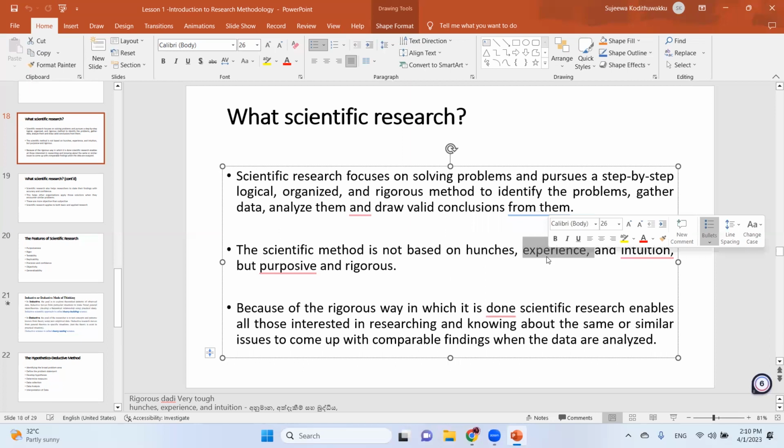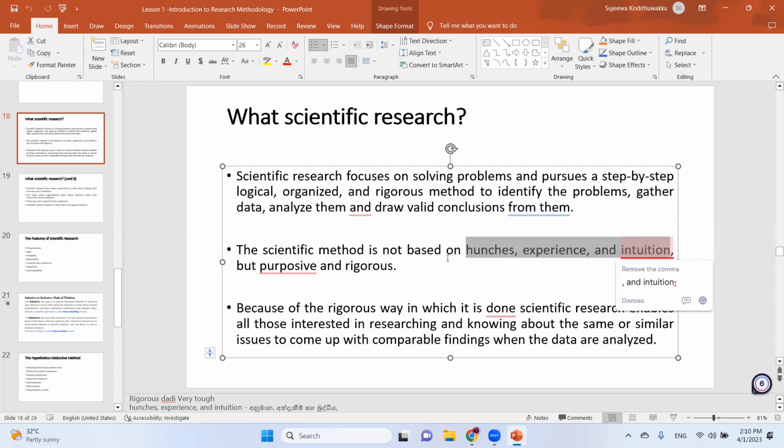You have to consider various other factors, and then only can you conduct scientific research. In addition, intuition means your knowledge. You can't base it only on that. You have to consider various subject areas, available theories and so on, and then only can you analyze the particular problem. If you base it on your own assumptions, your own experience and your own knowledge, that's not the scientific method. That is the idea here.